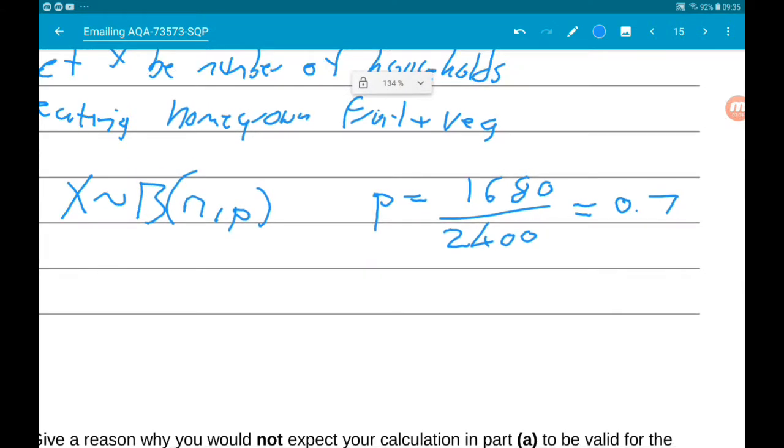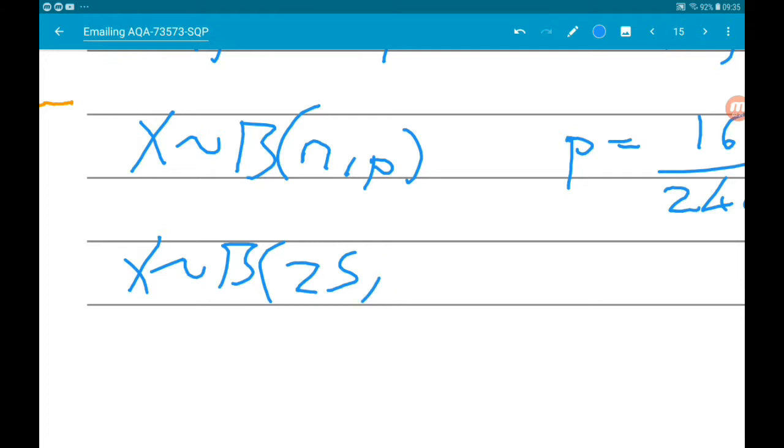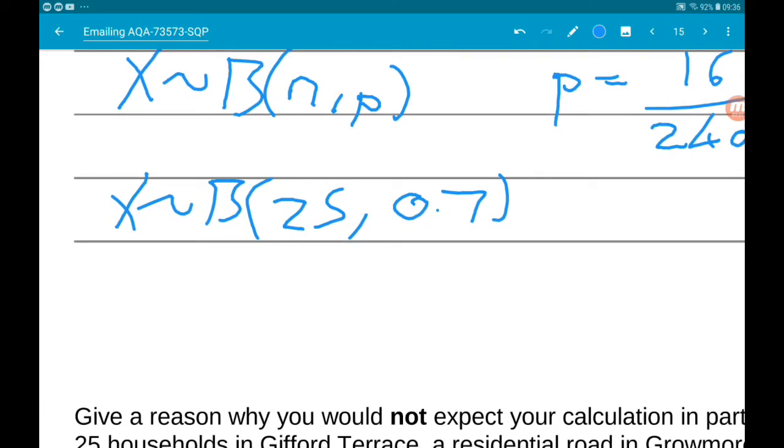Now N is the number of households that we are sampling. So N is 25. So X is binomially distributed with 25 and 0.7. Now we want the probability that X is equal to 22.